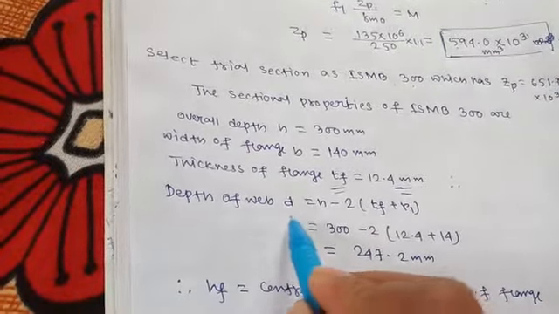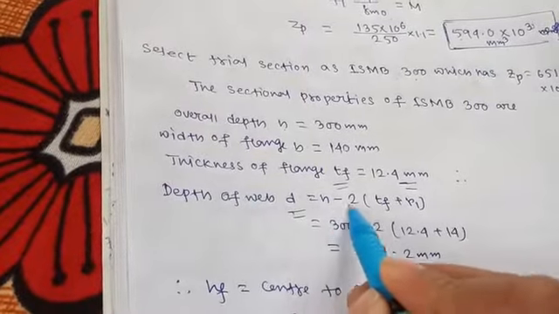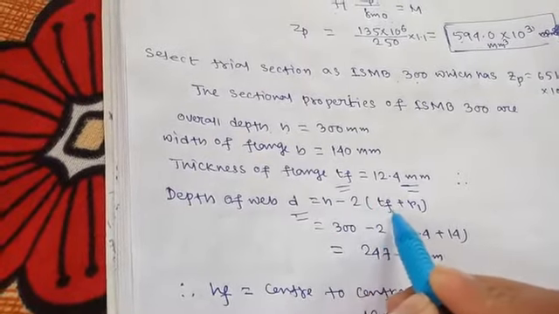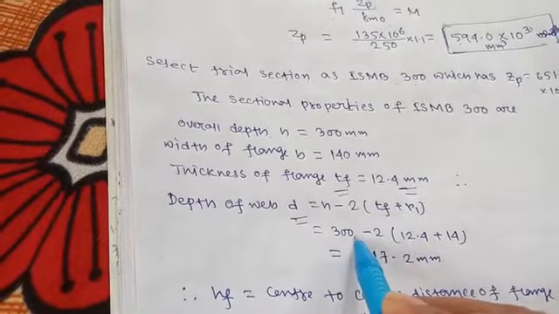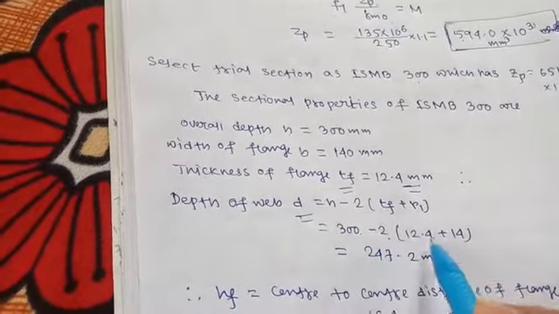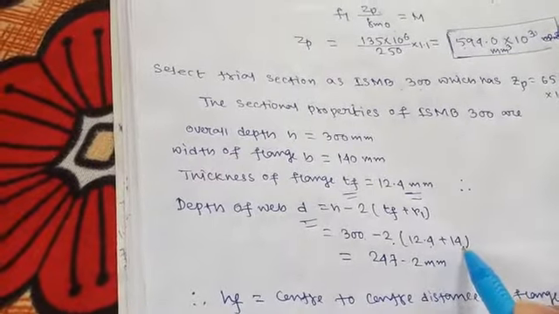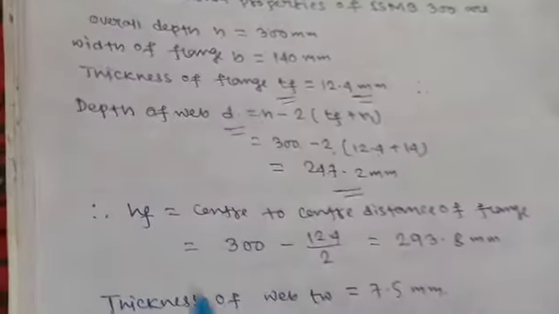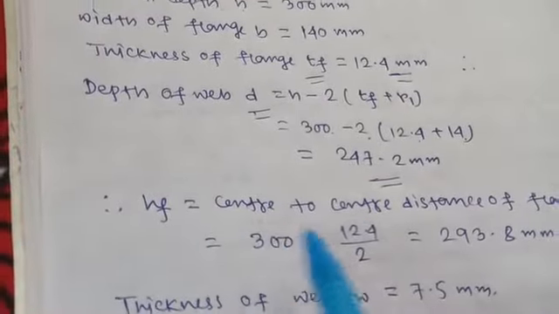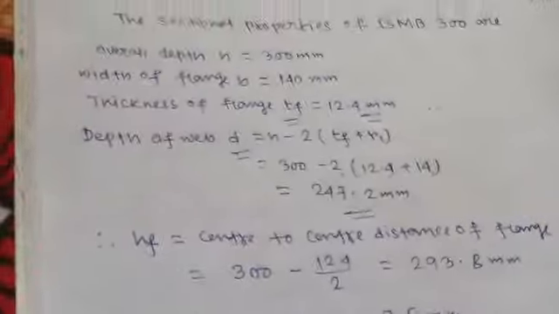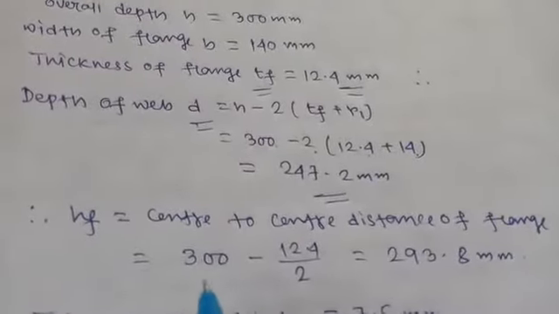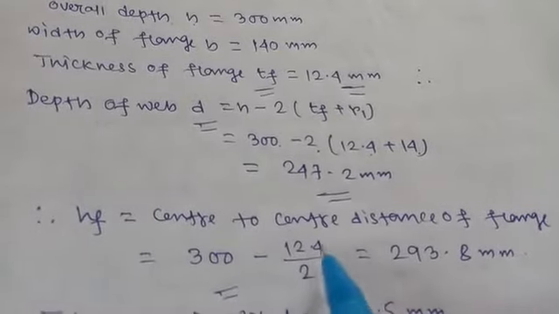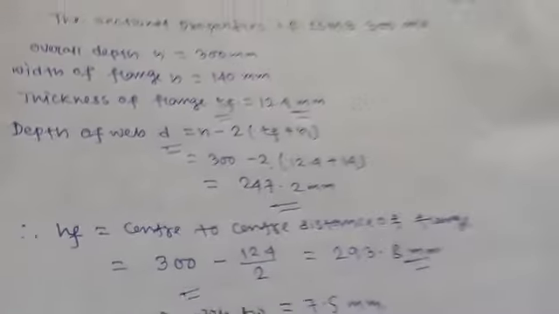And depth of the web d is H minus 2 into bracket tf plus R1, so 300 minus 2 into 12.4 plus 14, ultimately we get that value. So hf, the center to center distance of flanges, is 300 minus 12.4, ultimately we get this value.